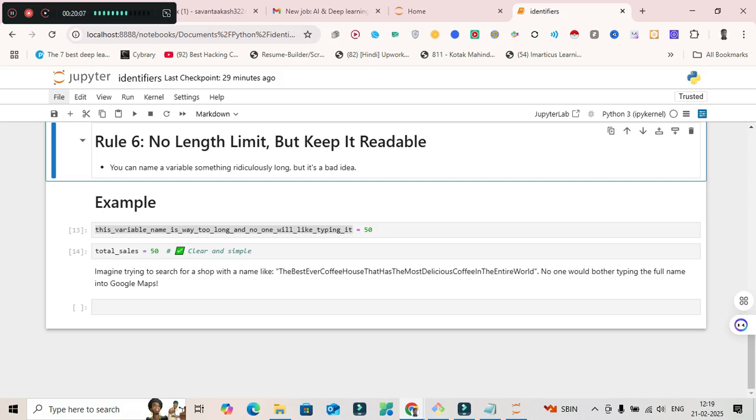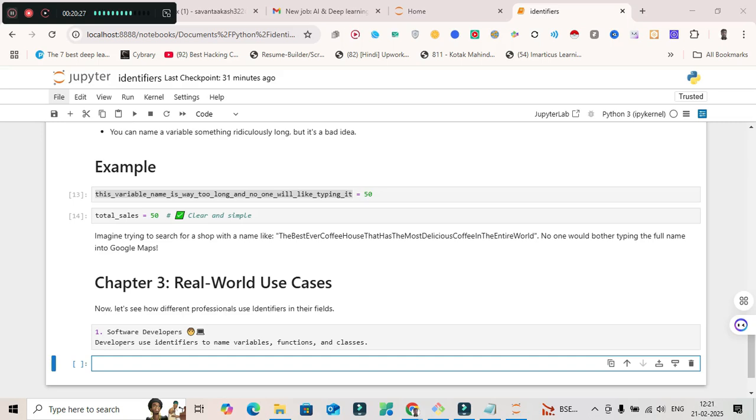Now in the next section we'll try to understand real world use cases. Let's see how different professionals use identifiers in their fields. Let me explain how developers use identifiers to name variables, functions and classes.